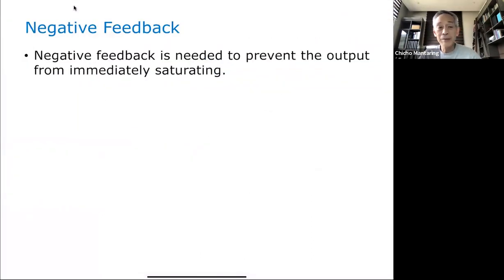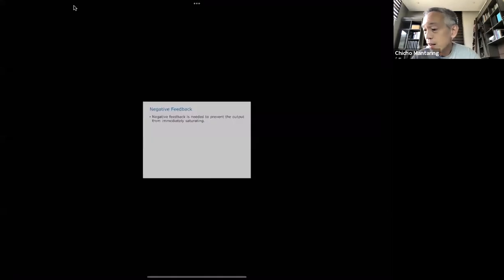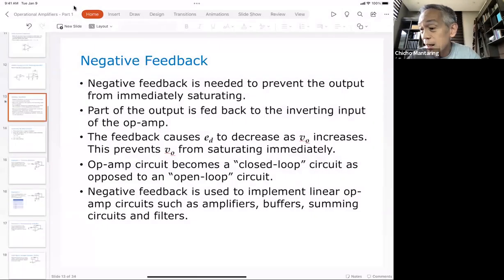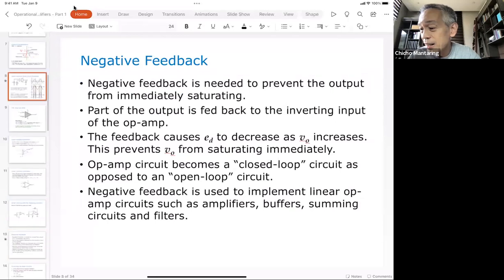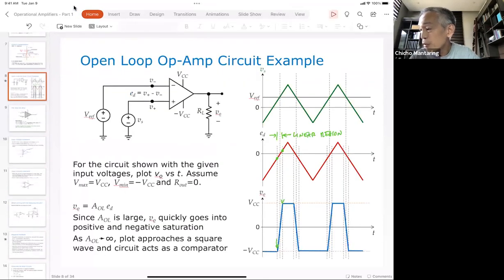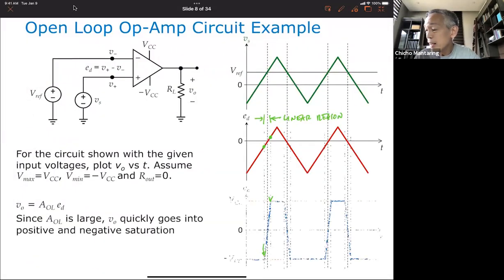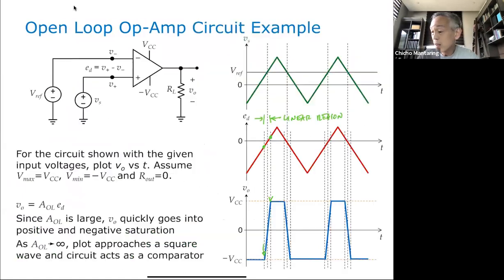Okay, negative feedback. So anong nakita nating problema dun sa example na binigay ko for an op-amp operating in open loop mode? What was the problem in this particular example?